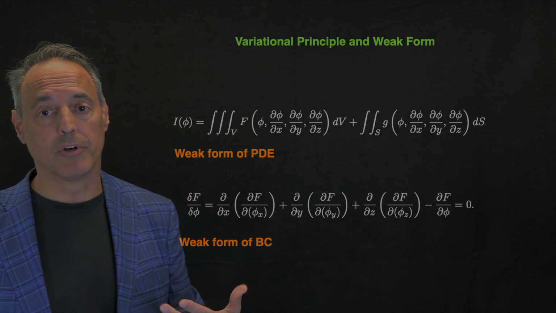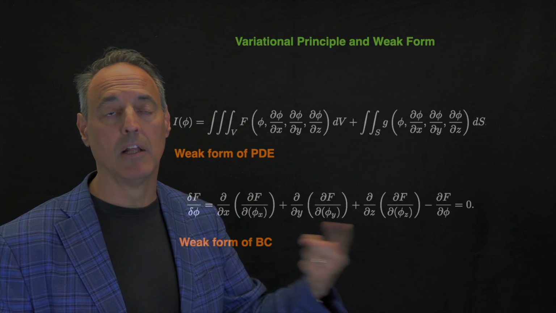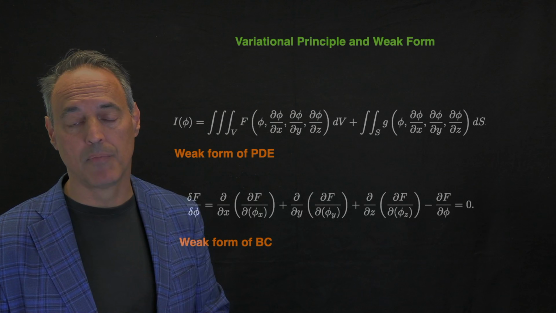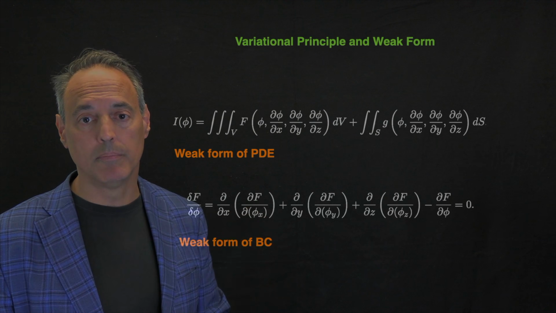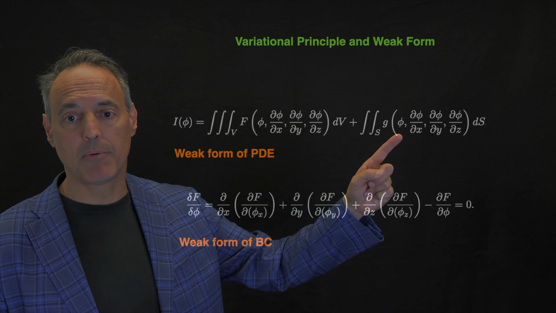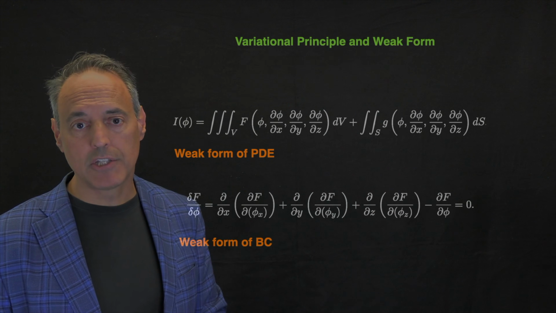And that's equal to 0. So this is essentially like minimizing this solution by taking this variational derivative of calculus of variations. Okay? So this is called the weak form. And this is the weak form of the PDE here. That's the weak form of the boundary conditions. And here's what the variations tell us. So let's go compute this.